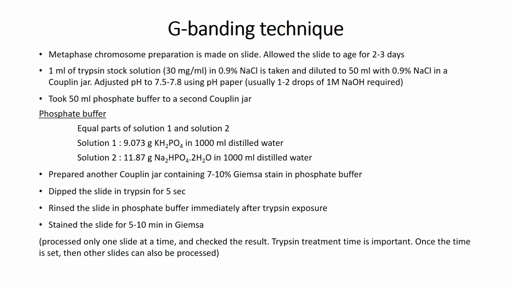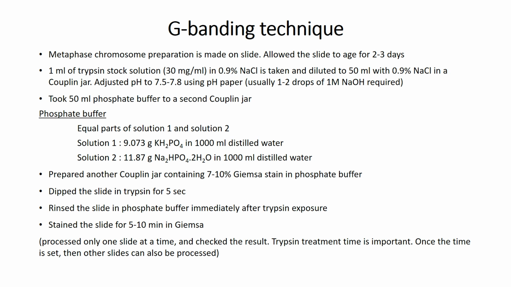Solution 1 is 9.073 gram of KH2PO4 in 1 liter. The other one is 11.87 gram of Na2HPO4. The Na2HPO4 is basic, the KH2PO4 is slightly acidic, and this is also in 1 liter of distilled water.